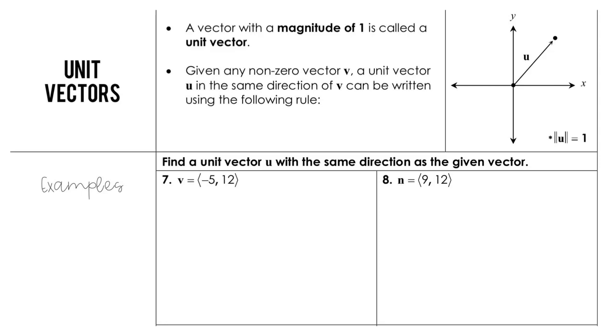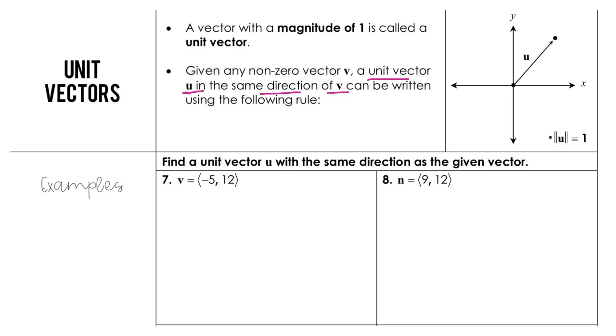Okay, earlier we talked about a zero vector, which was a vector with a magnitude of 0. Now we're going to talk about a unit vector, and a unit vector is a vector with a magnitude of 1. So we can have any non-zero vector v, and a unit vector u in the same direction of v can be written using the following rule.